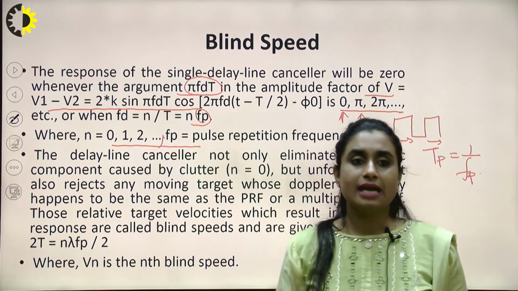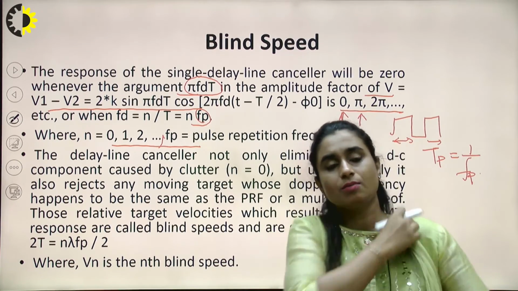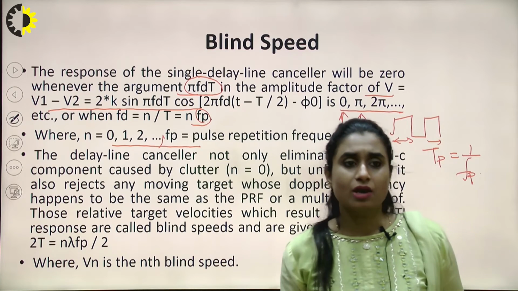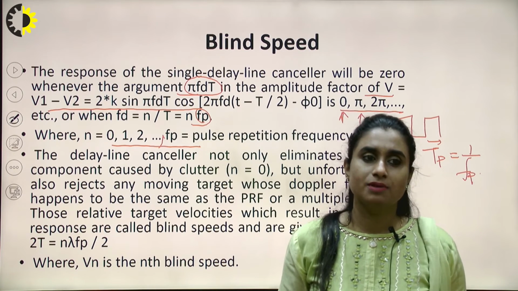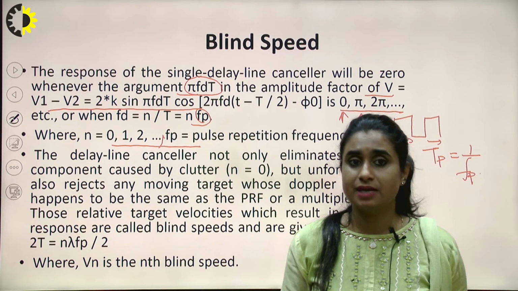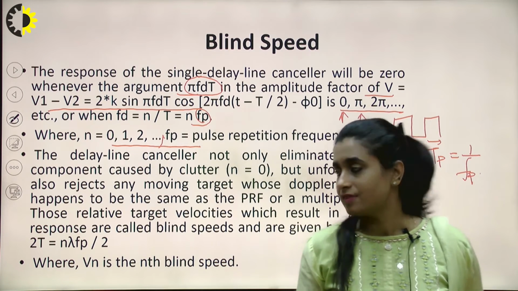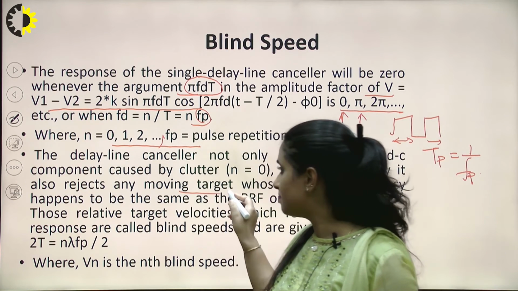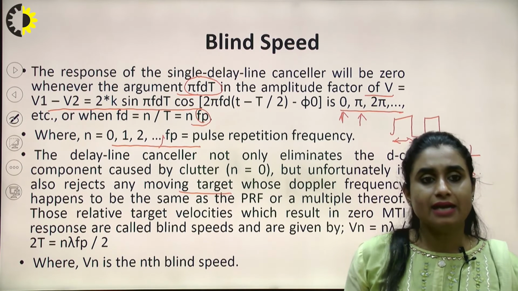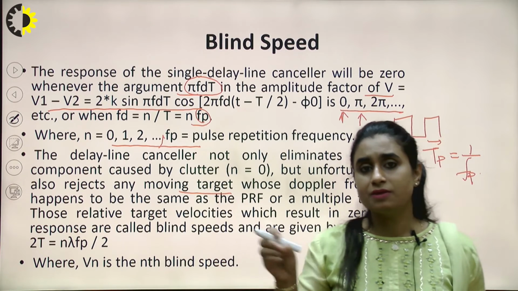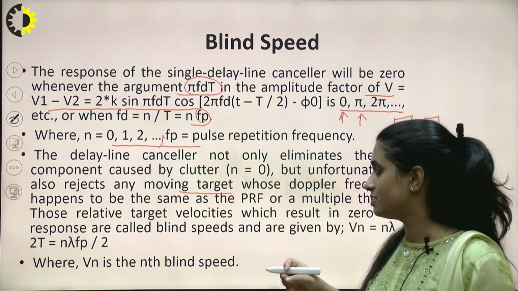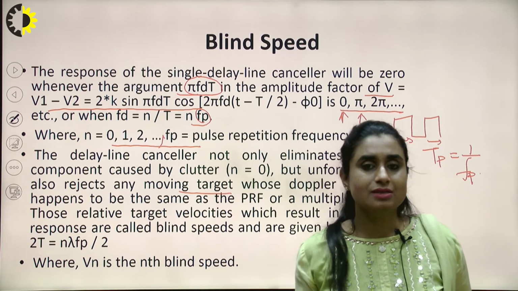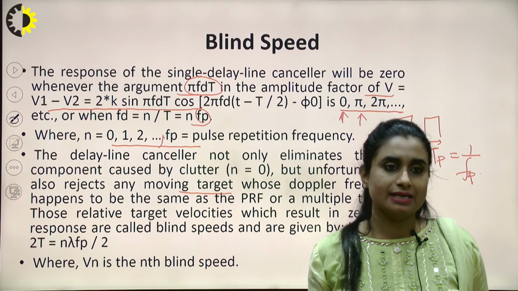The delay line canceller not only eliminates the DC component caused by the clutter, but unfortunately it also rejects any moving target whose Doppler frequency happens to be the same as the PRF or a multiple of it. So that is another problem. Not only at these angles, but also if the Doppler frequency happens to be the same as the pulse repetition frequency, then also the target could not be detected, right?